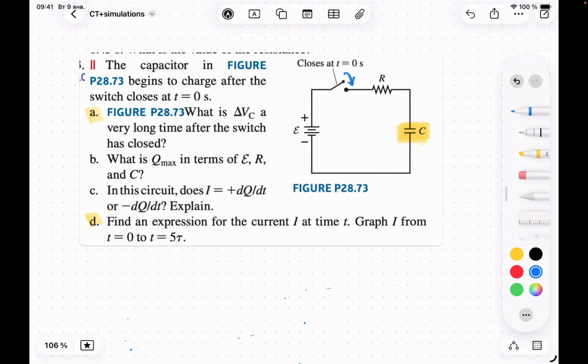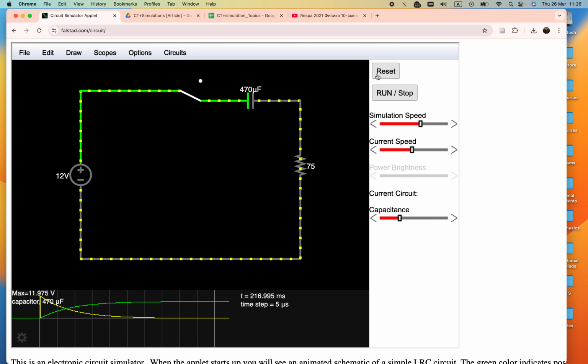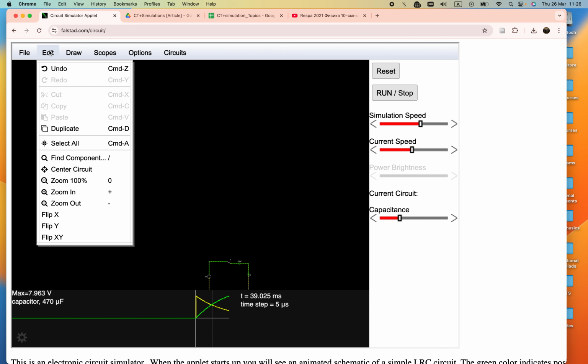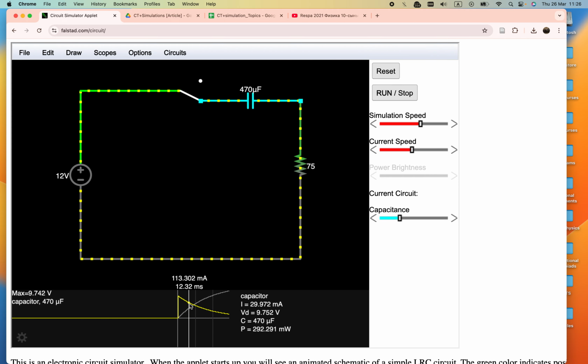So first, pattern recognition means recognizing what is in the circuit. In our patterns, we recognize this resistance, capacitor, battery. That's our first pattern. The second one I can show with the simulation. When I close this switch, the voltage across this capacitor gradually increases, and the speed of charges, the current, gradually decreases.